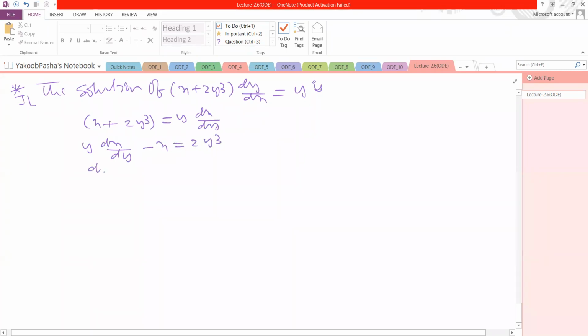Divide with y. So dx by dy minus 1 by y into x is equal to 2y square. Now compare this equation with dx by dy plus px is equal to q. So p is equal to minus 1 by y and q is equal to 2y square.